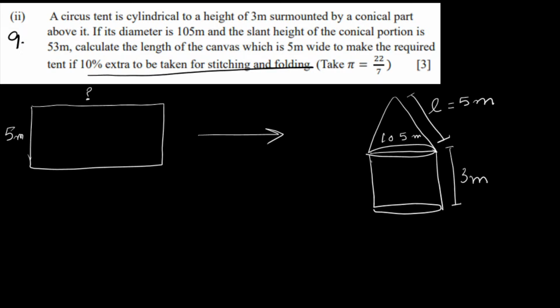Now I want you people to tell me what we should do. We have done these types of questions in our textbook also, where we have to find the length of the canvas which is converted into some solid. Which concept can we use here? Either we have to use the concept of surface area or volume. These two things we are doing in this chapter. Do we have to use surface area or volume?